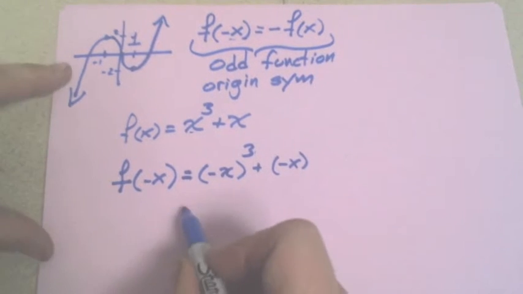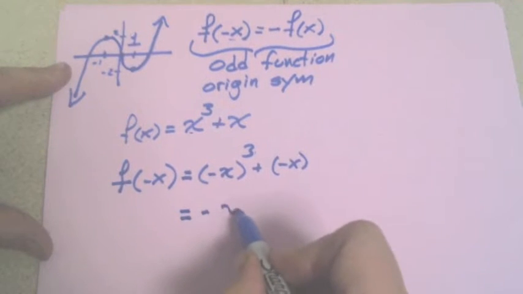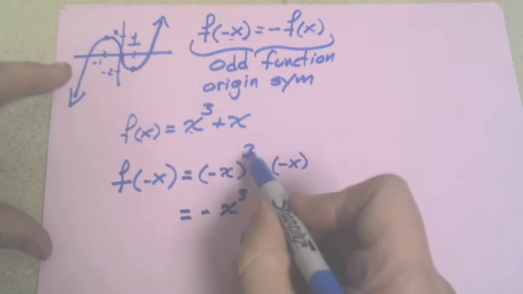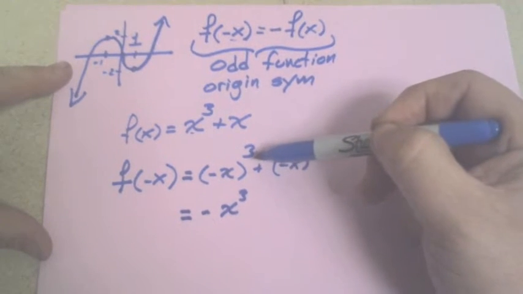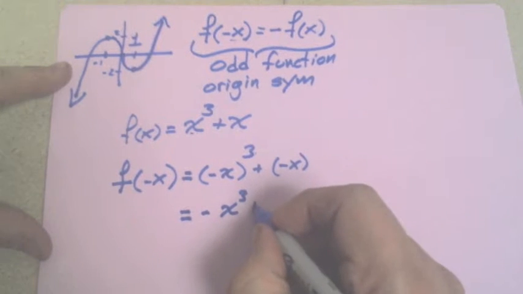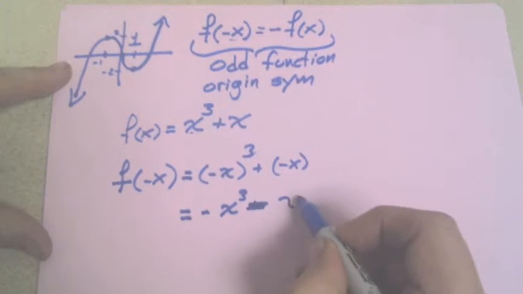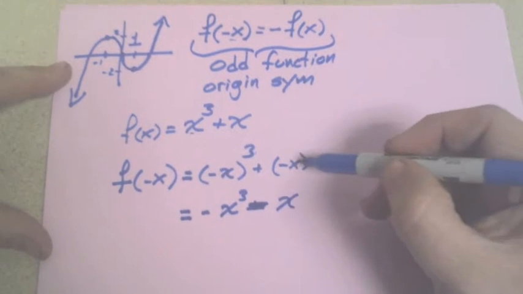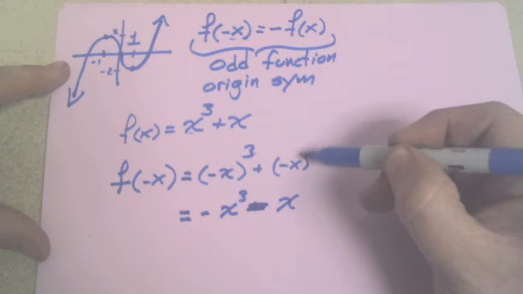Then again, simplify. So negative x to the third turns into negative x to the third, the odd power. There's that word again, odd. The odd power conserves the negative, plus, well, actually it turns into a minus x when you undo the parentheses. And again, notice this is x to the first. That 1 is again an odd number.